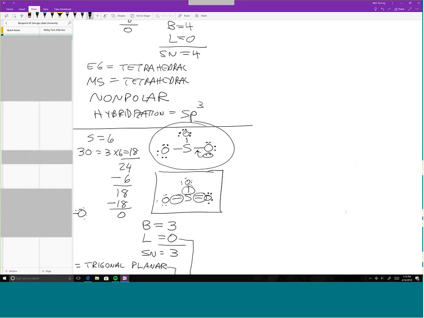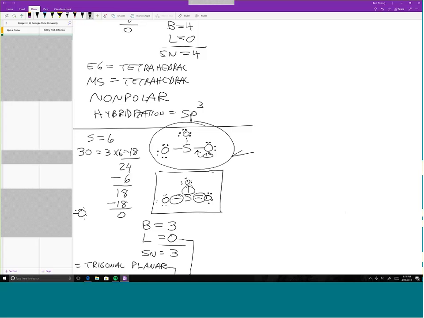First of all, it's because the center atom is short. It's because the center atom only has 6 electrons. So we have to fill it up. If the center atom has 8 or in the case of iodine where it has 10, 12, 14, it's fine. So the only time you form a double bond is when the center atom is short and you have to bring electrons from the outer in.